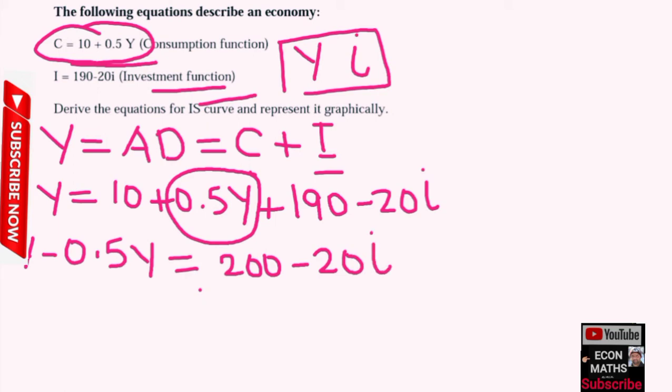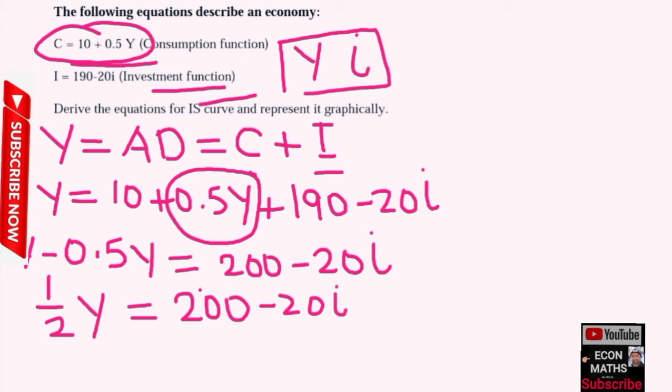Now Y minus 0.5 Y is equal to 0.5 Y, which is one half of Y, which is equal to 200 minus 20i.